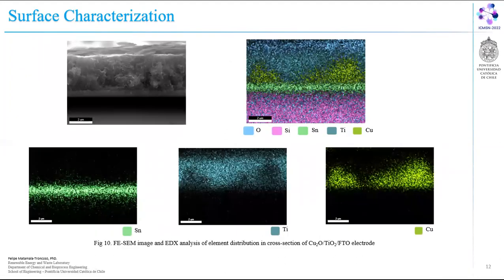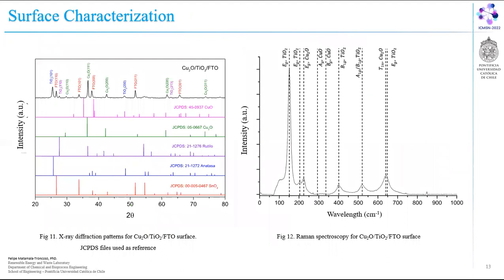An element distribution analysis was performed for a cross-section of the electrode surface. So in this case, we observe the distribution of the copper atoms inside the titanium dioxide matrix. Then, to evaluate cuprite formation, we performed an X-ray diffraction analysis, where it can be observed the formation of cuprite and the absence of cupric oxide.